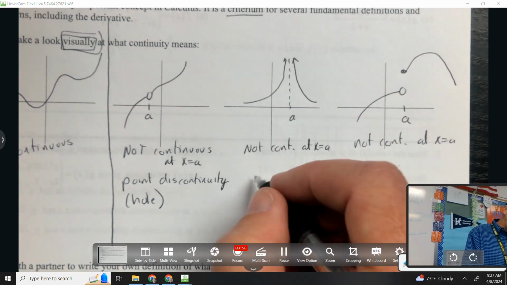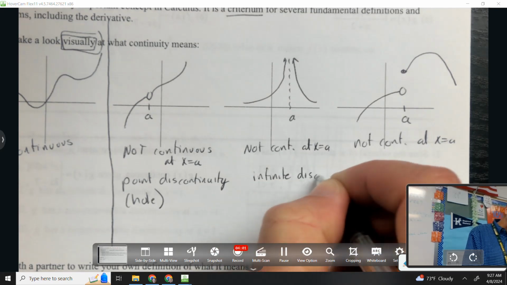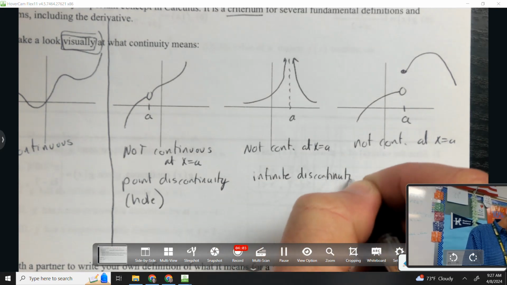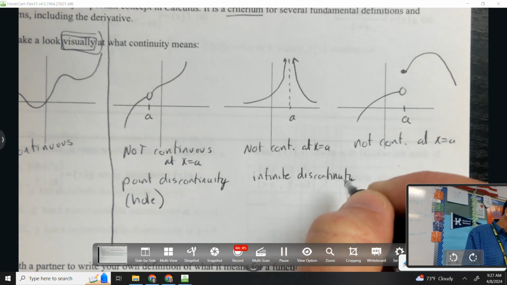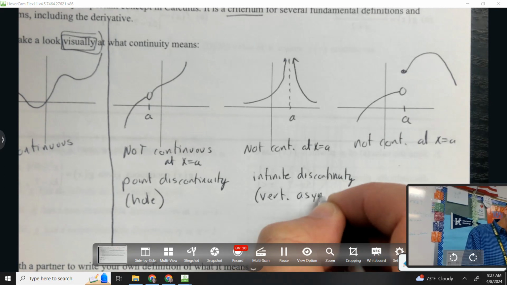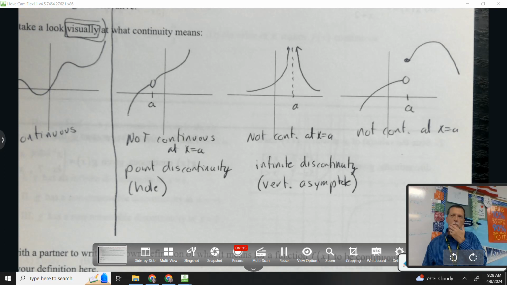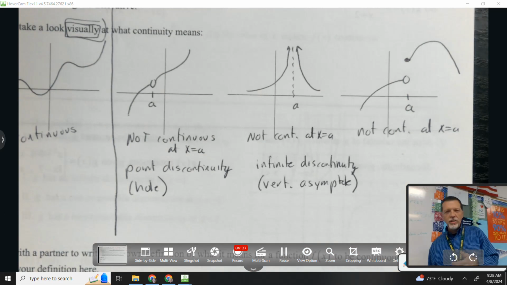The second one we describe as an infinite discontinuity, which is to say the same thing as a vertical asymptote. We're not seeing any new graphs today, we're just putting new words on them and thinking of them in different ways. You've seen holes, you've seen asymptotes, you've seen piecewise functions. We just hadn't really talked about them in terms of continuity.